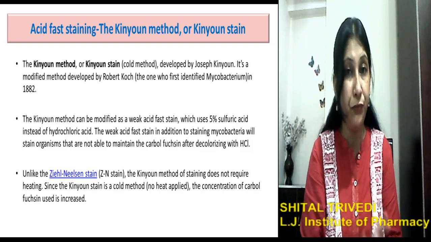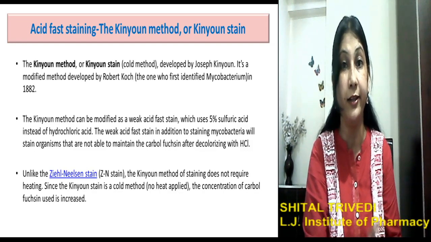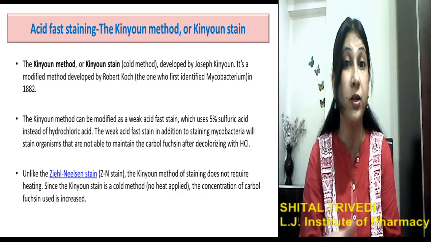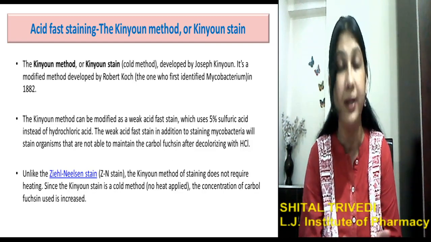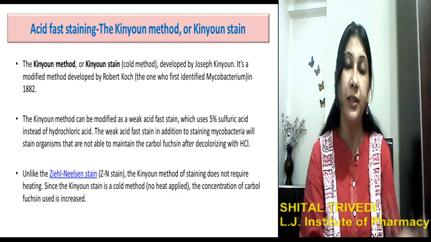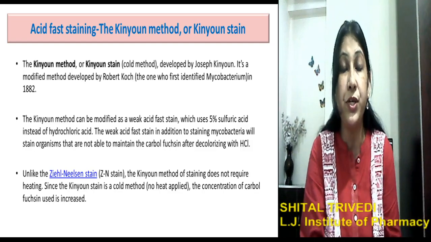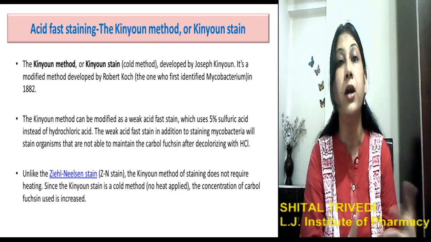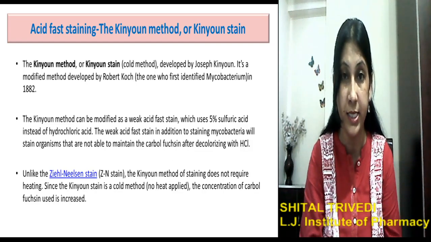This technique differs from the Ziehl-Neelsen technique in that the Kinyoun staining technique doesn't involve the steam treatment. That's why this method is also called cold method, and when heat treatment is not there, it involves a high concentration of carbol fuchsin compared to the Ziehl-Neelsen technique.